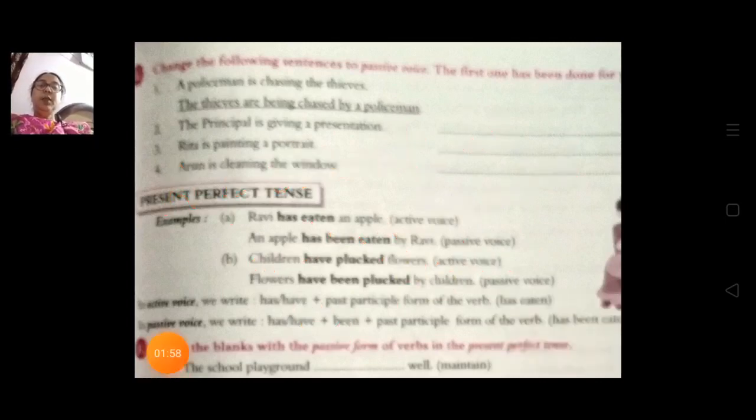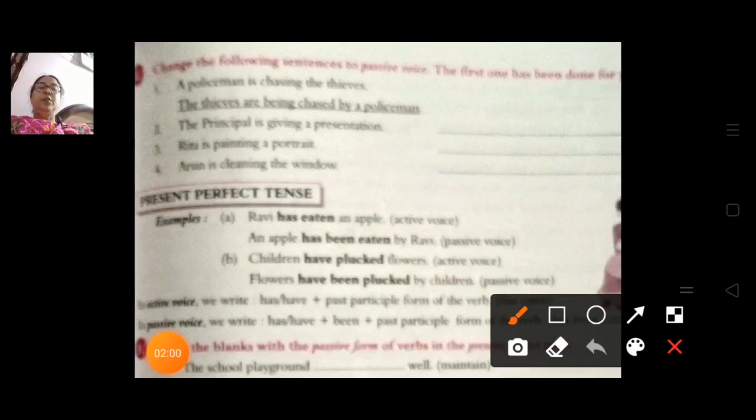Now we are moving to the fourth one. Arun is cleaning the window.